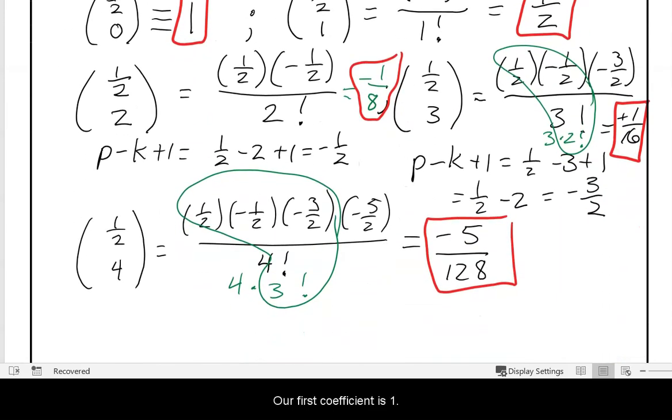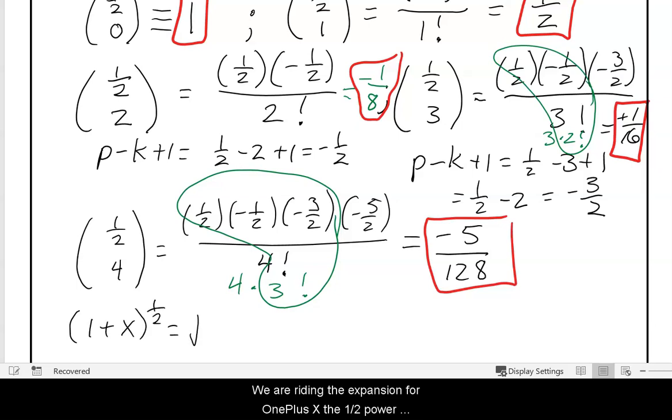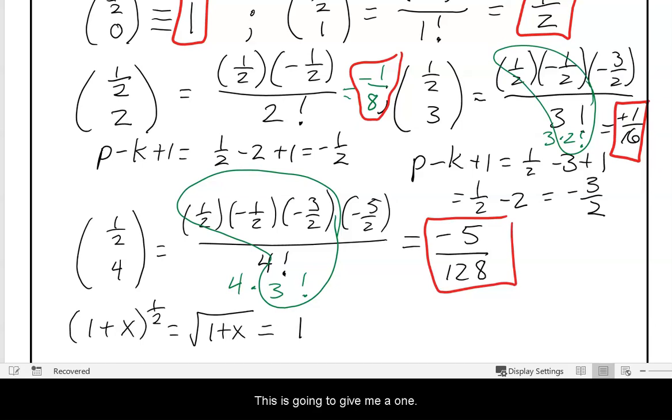Our first coefficient is 1. To write that out, this is going to give us the following. We're writing the expansion for 1 plus x to the 1/2 power, which is, of course, the square root of 1 plus x. This is going to give me a 1. It should be times x to the 0 since the k value is 0.